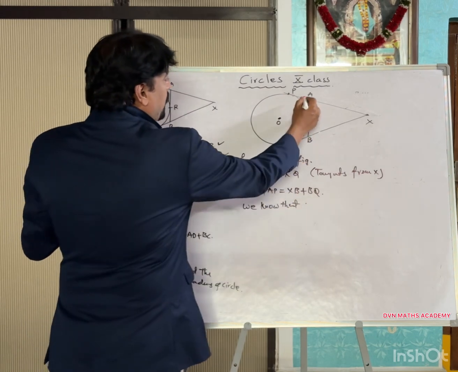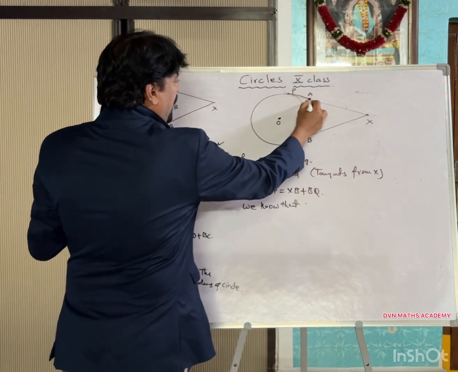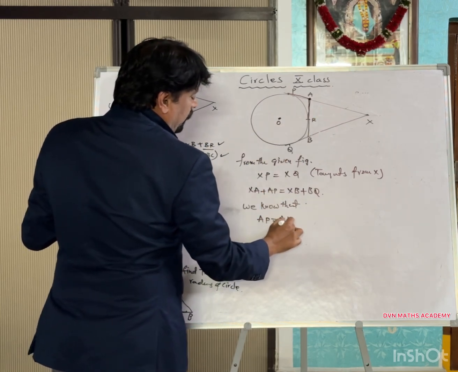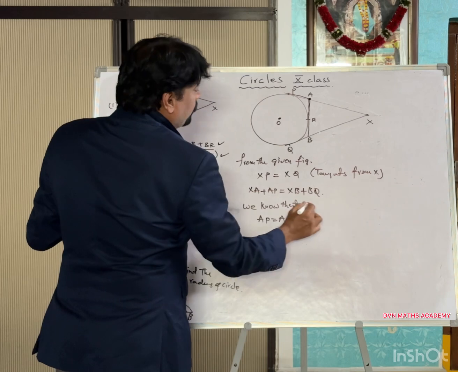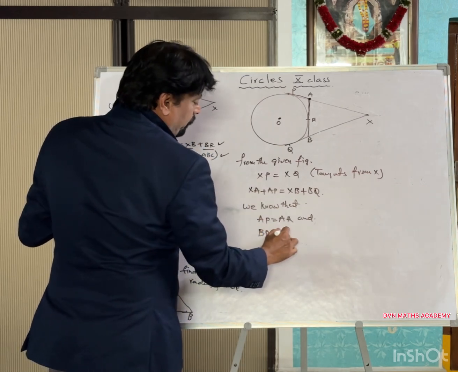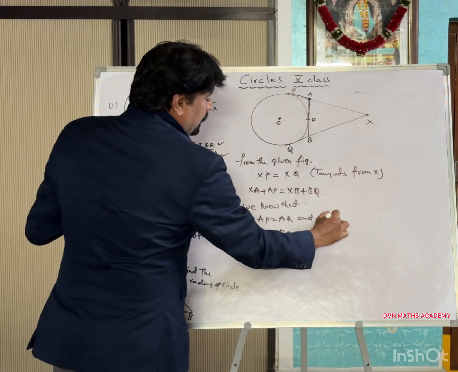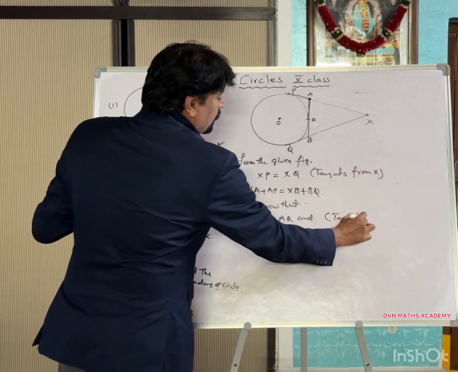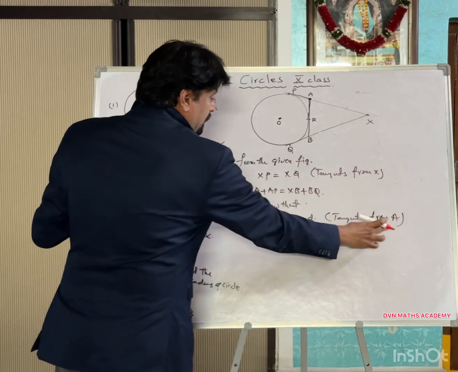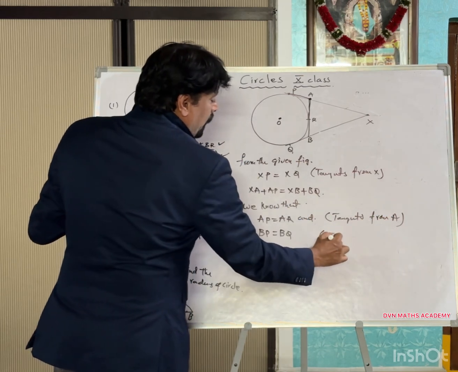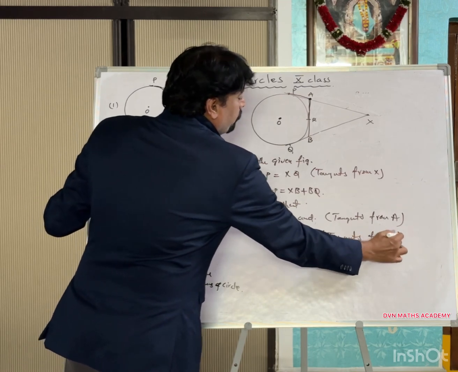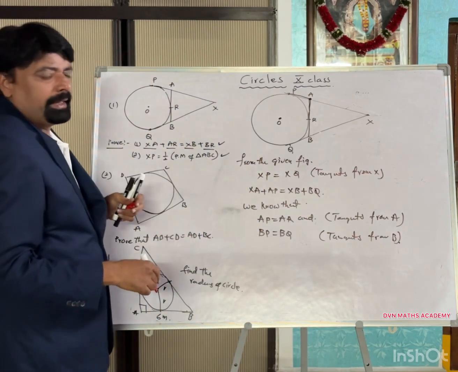Now we know that from A also there are two tangents. AP is equal to AR, because they are tangents from A, and BP is equal to BQ, because they are tangents from B. The same theorem we are applying here.